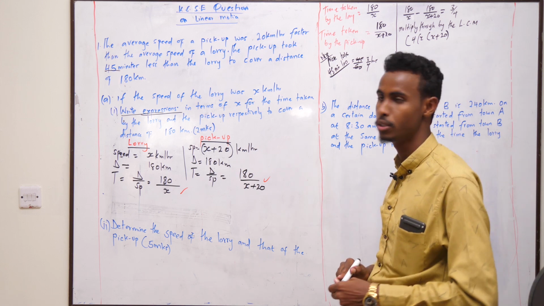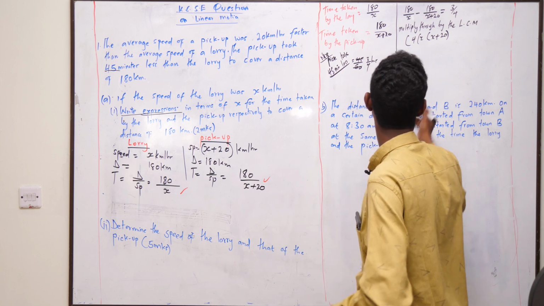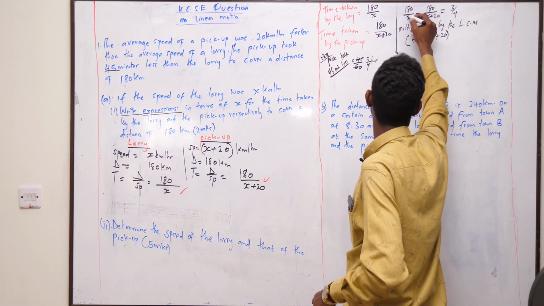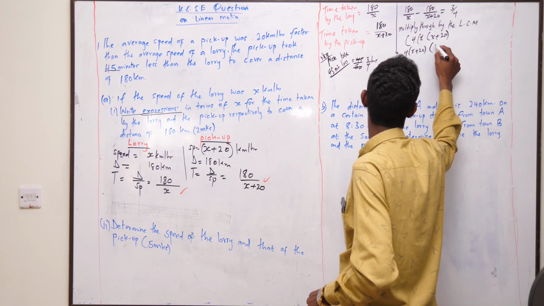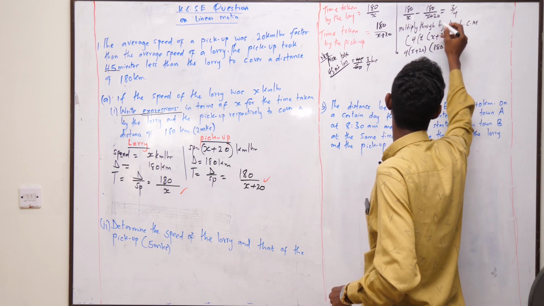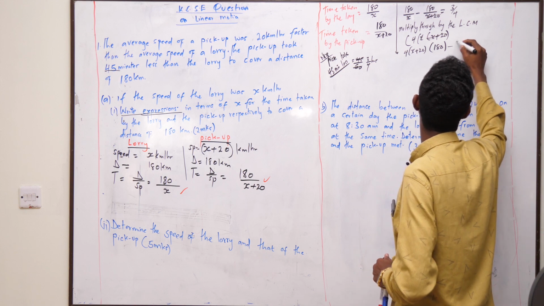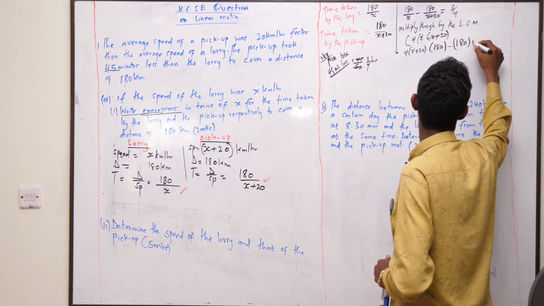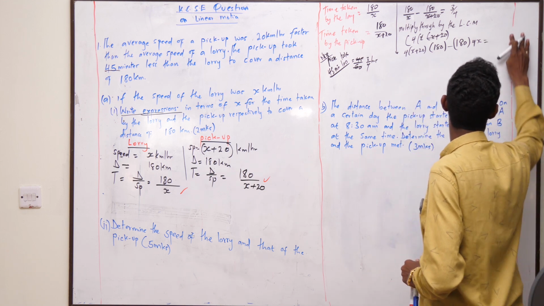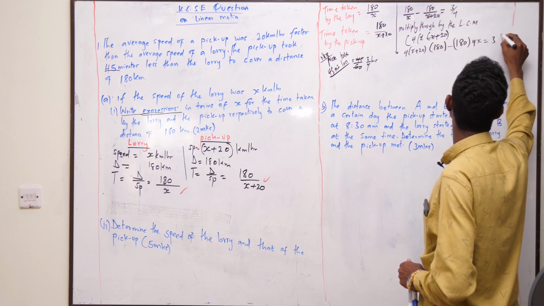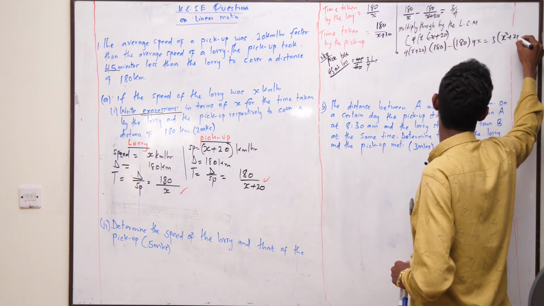If we multiply across by the LCM, the x cancels in the first term, giving 4 times x plus 20 into 180, minus 180 multiplied by 4x, equal to 3 into x squared plus 20x.